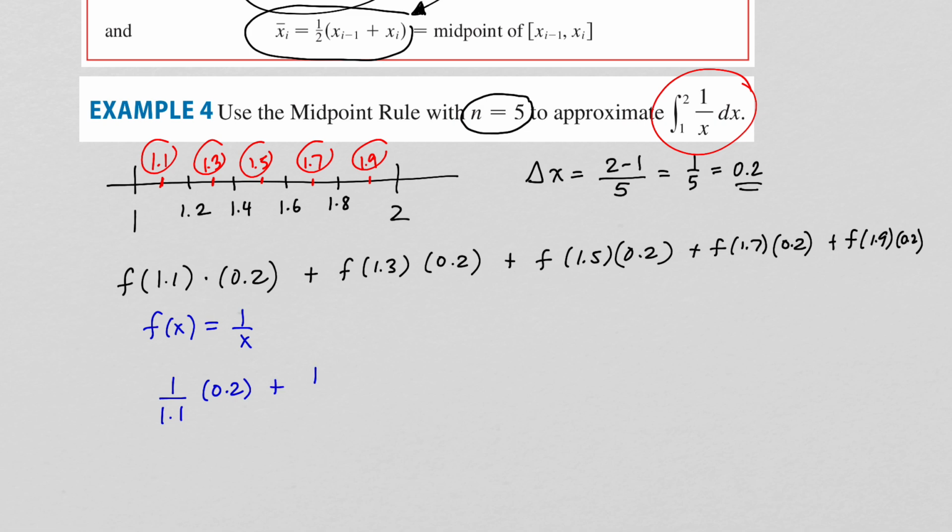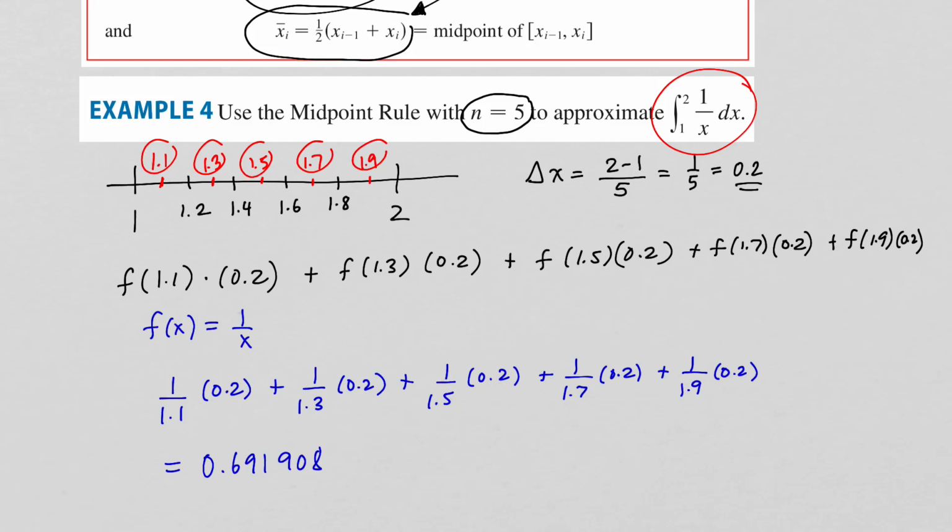F of 1.3 is 1 over 1.3, and then we multiply that by 0.2, etc. And of course, to do this efficiently, most of the time a calculator is very handy. And so if you plug all this into a calculator, you get 0.691908. And again, this is the approximate area under the curve using midpoints.